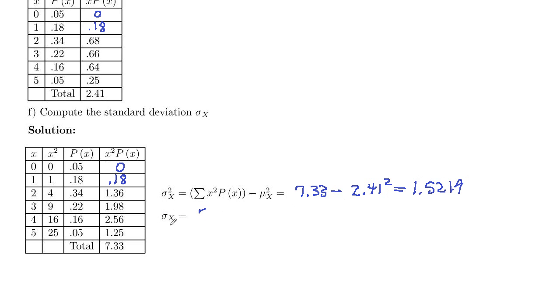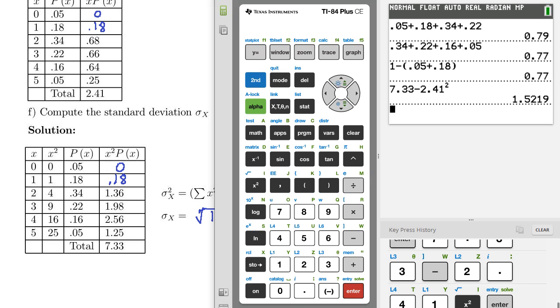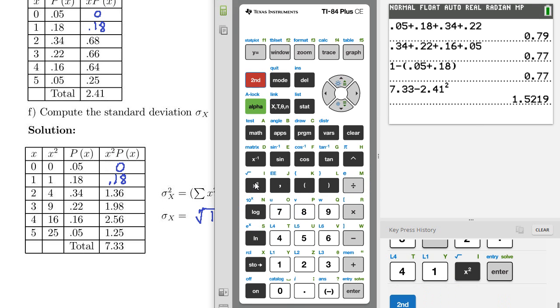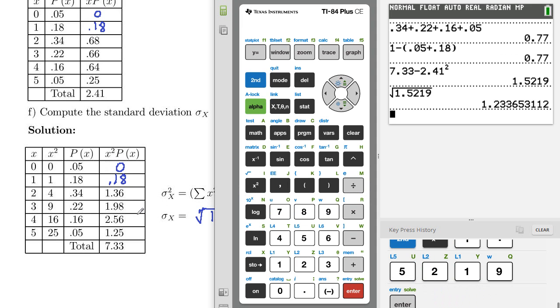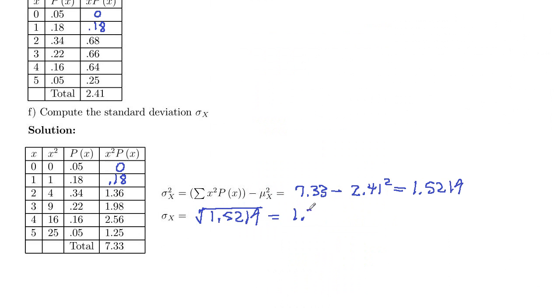And then sigma, the standard deviation, is going to be the square root of 1.5219. Let's go ahead and compute that. So square root, 1.5219, 1.2337. And that's the standard deviation of a discrete probability distribution. So this formula right here.